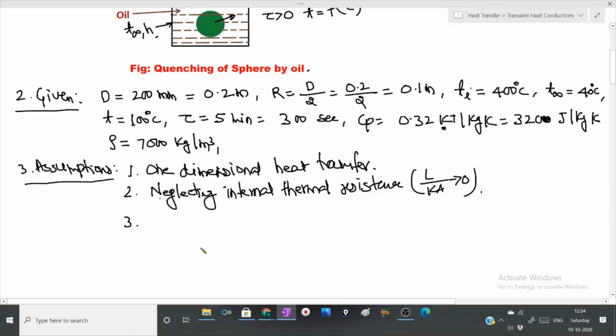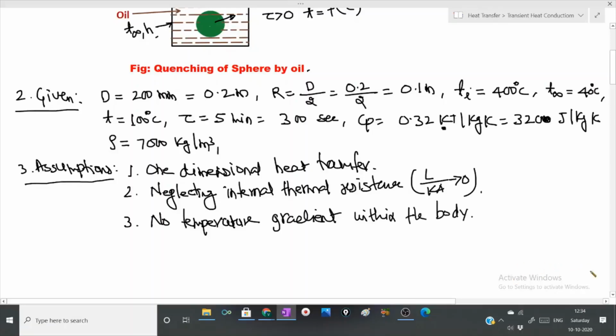So as a consequence of neglecting internal thermal resistance L over K, no temperature gradient within the body. That is, at any moment of time, the entire body temperature will be 100 degrees Celsius.